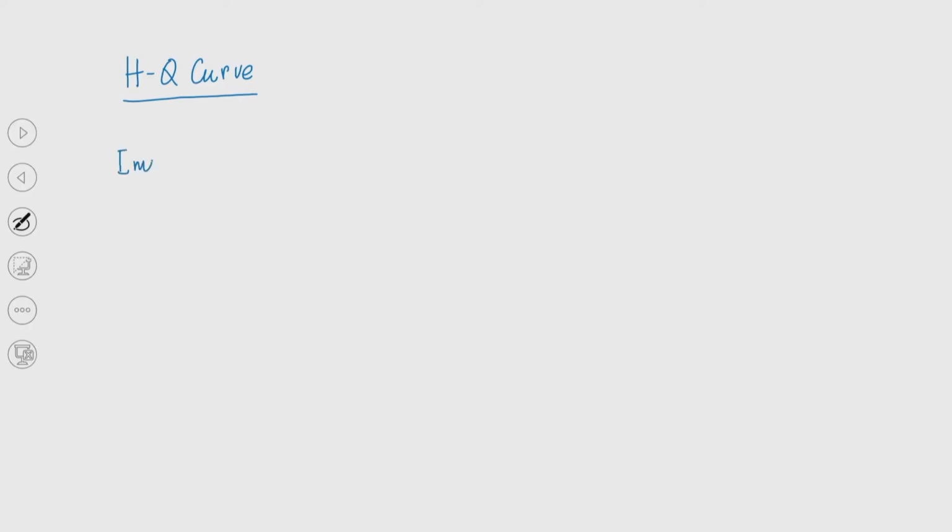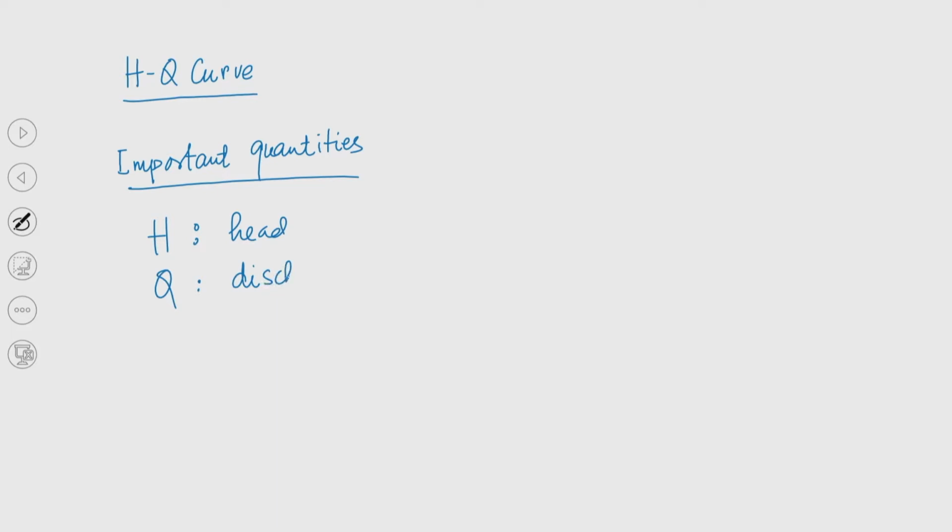Important quantities: H, which is the head that will be developed by the pump, Q, that is the discharge, and Ns, that is the specific speed.